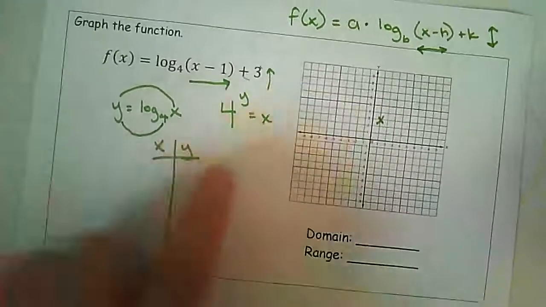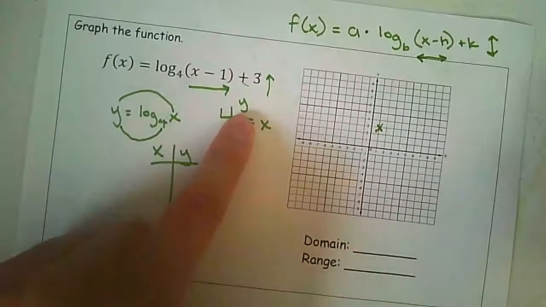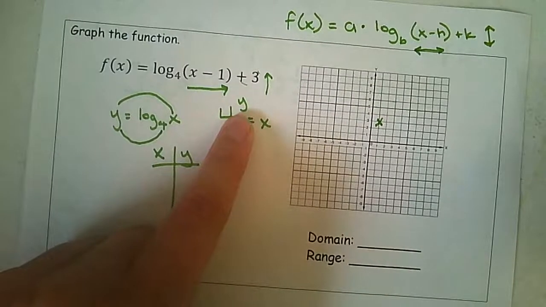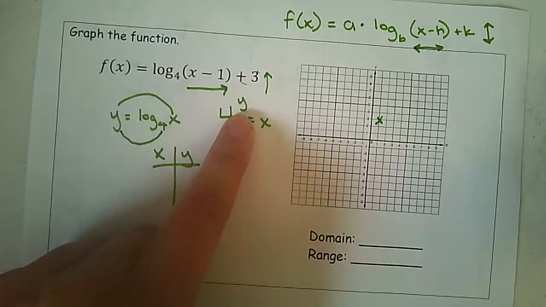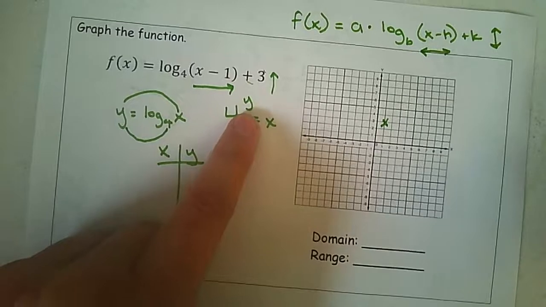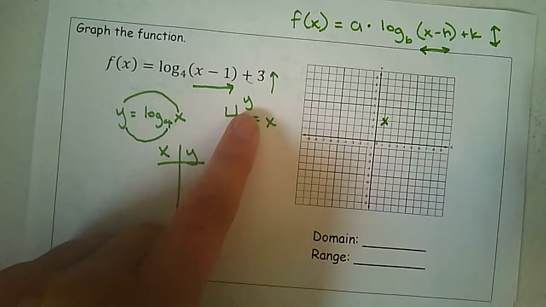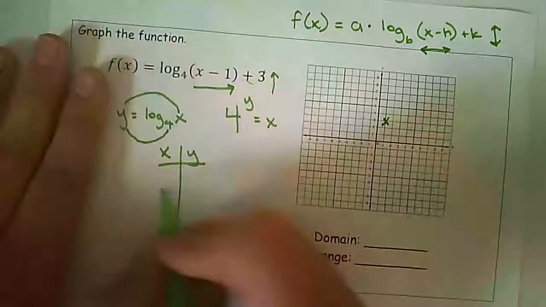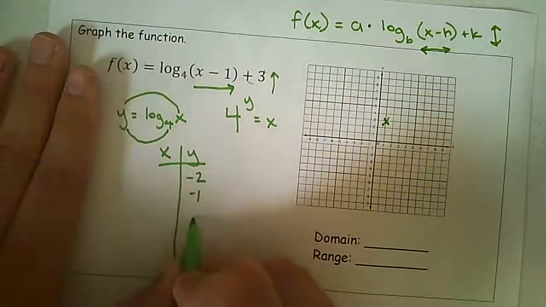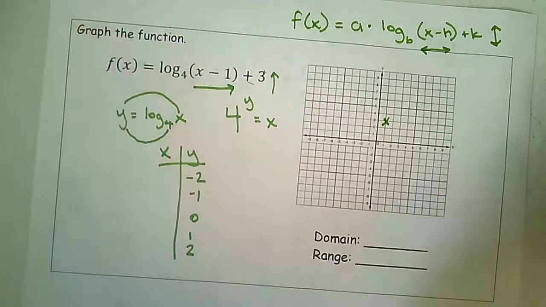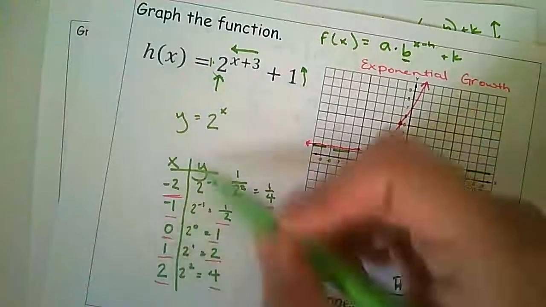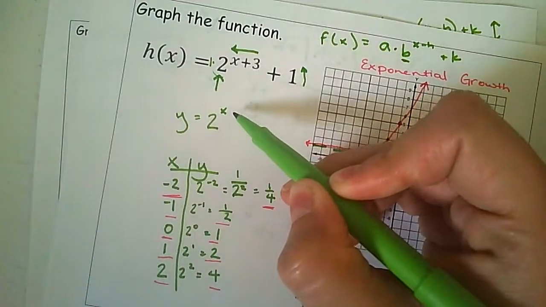Now notice our y is actually in the exponent in exponential form. Because y is in the exponent, we're going to put the basic 5 in for y. If we look back at yesterday's, we put the basic 5 in for x because x was the exponent.